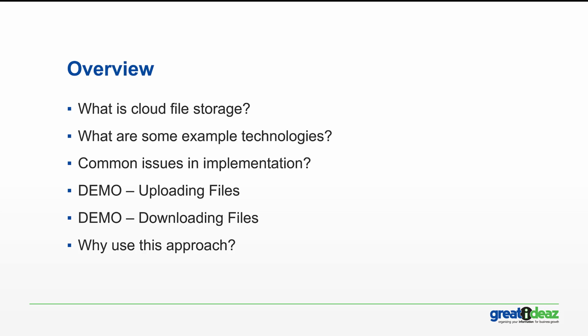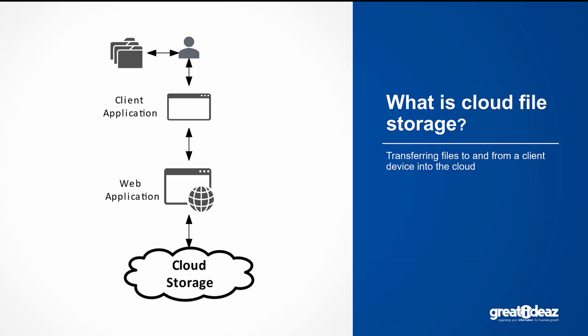We're then going to do a demonstration of how the TrellisSpark platform uploads files from Blazor WASM components into Azure, and we're also going to look at how to download files from cloud file storage into our Blazor components. And then we'll do a quick summary and cover why we think that people should be adopting this basic enterprise architecture approach. So let's start by talking about what we mean when we talk about cloud file storage.